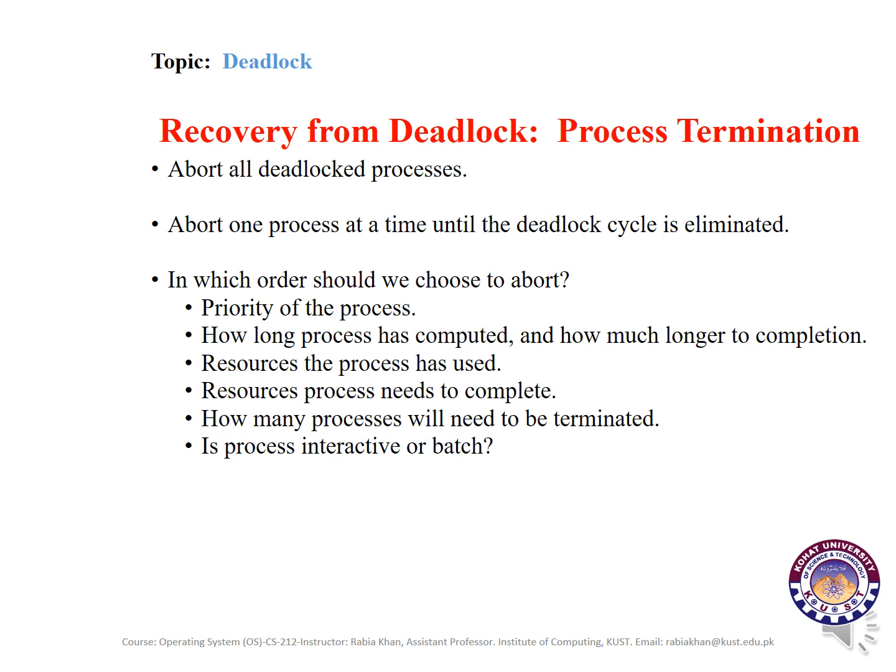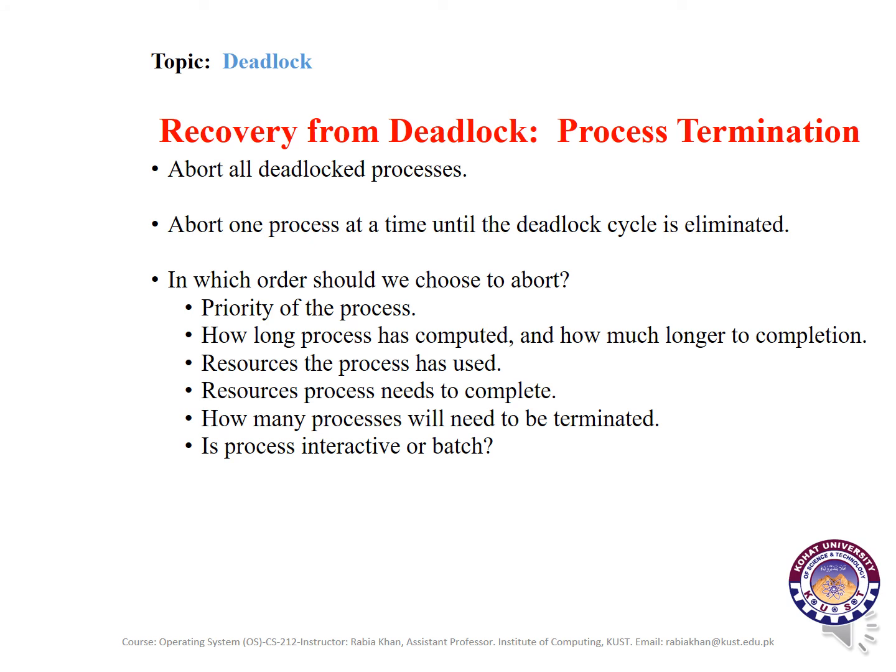We have 2 techniques. First is process termination. The operating system can abort all processes stuck in deadlock, or it can abort one process at a time until the deadlock is finished.